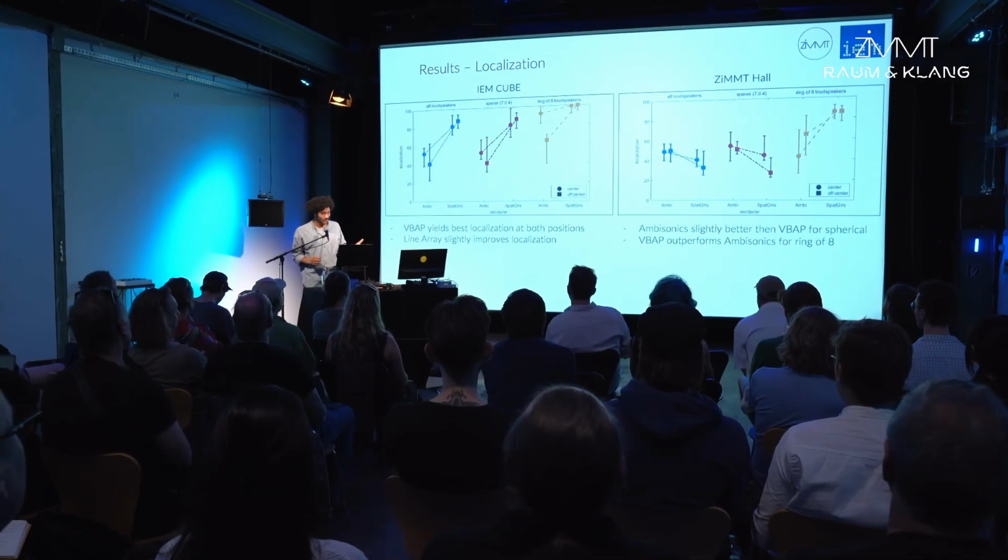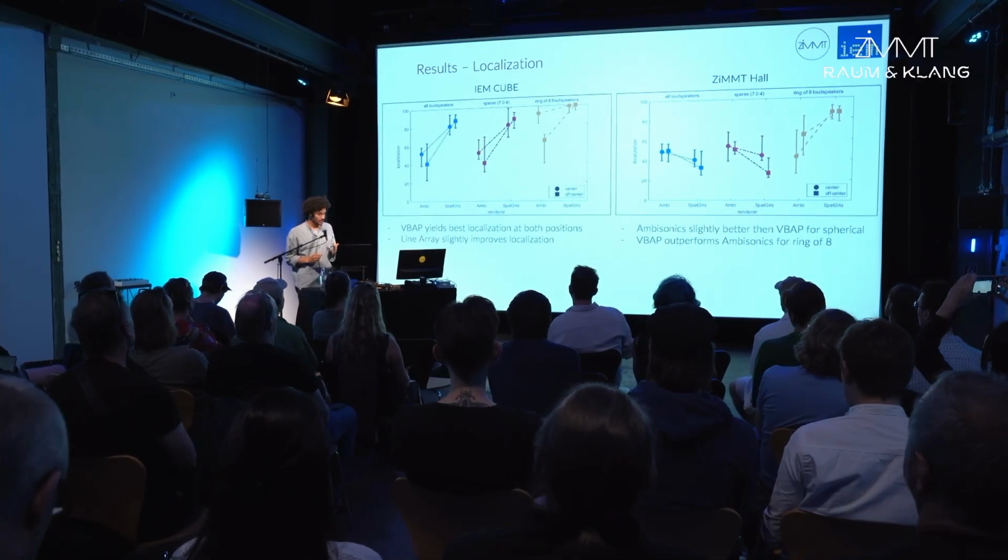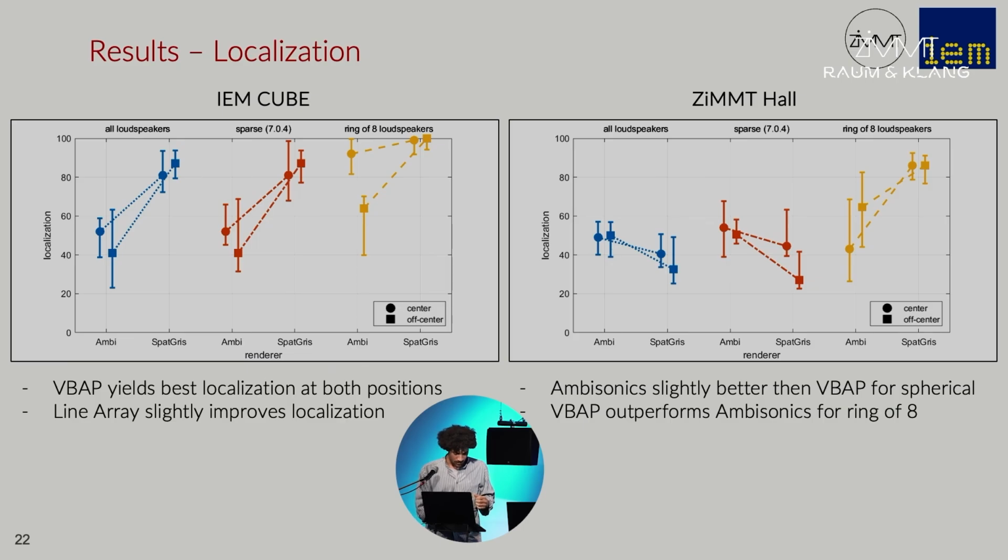So this brings us to the results. I'll start with the localizability or localization. What we can see here are the individual renderers, which we compared, Ambisonics and VBAP. And up here we have the loudspeaker configurations. We did this once for the IM cube and the Zimthal, and that's how the next slides will look.